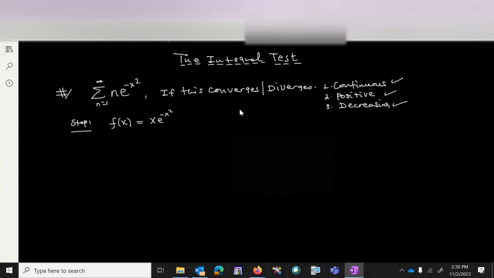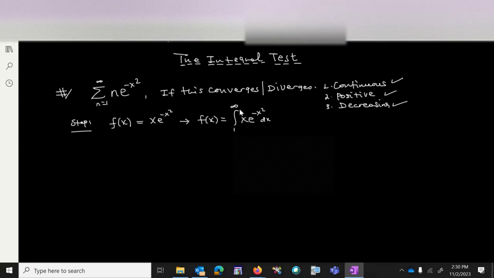Now the second step: the integral of x e to the power of minus x squared dx, the integral of that function from 1 to infinity.